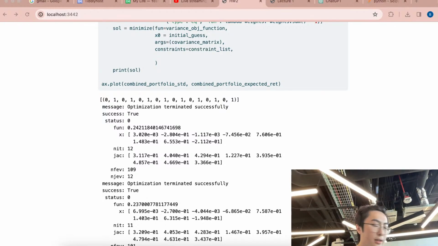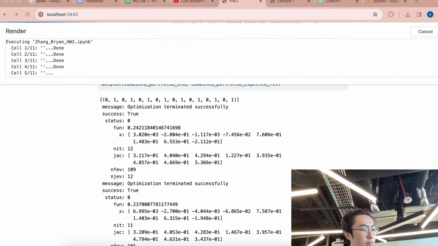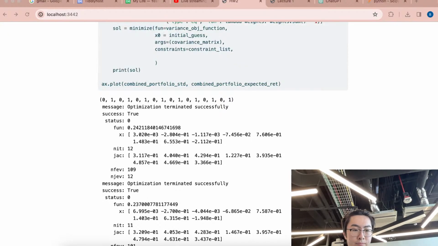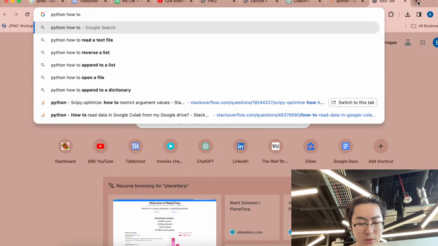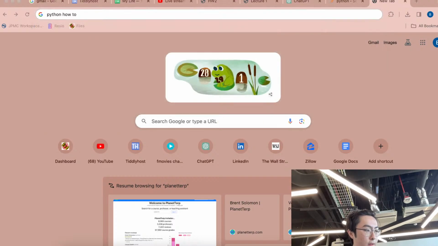Okay, I'm still having the same problem actually. Let's see, Python, how to get a tuple n times. What if I change this into a list?